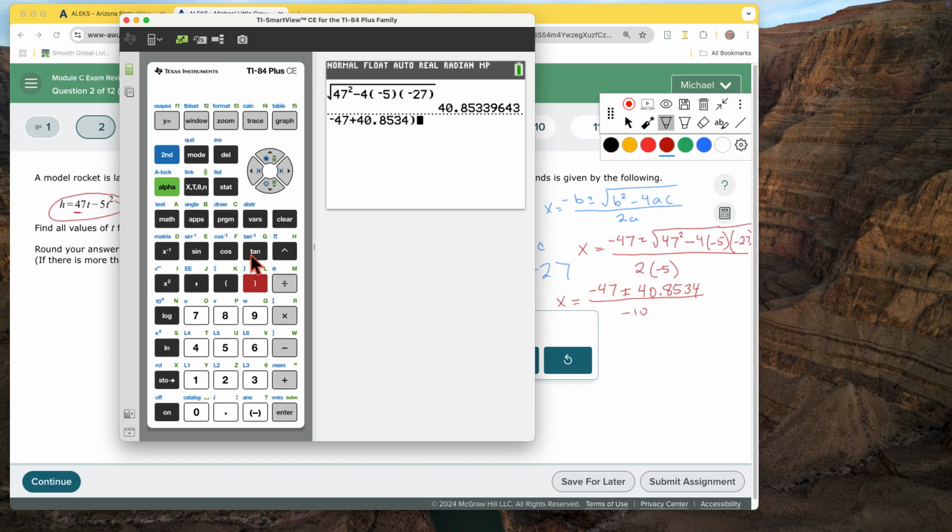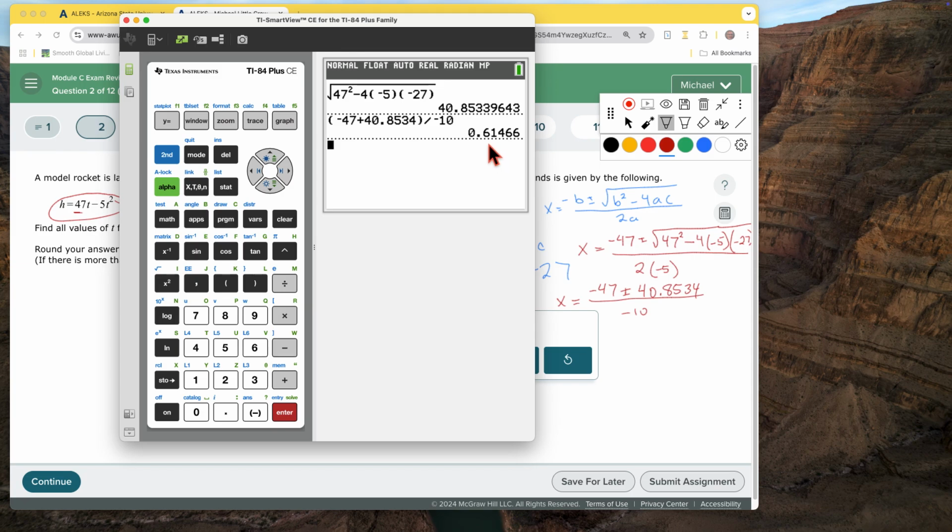We should put parentheses around that, so I didn't make it into a fraction. I need to insert something, so I'm going to go second INS, which is insert, put in my parentheses. So there's my numerator divided by negative 10.